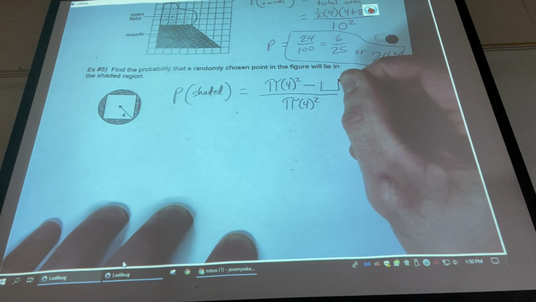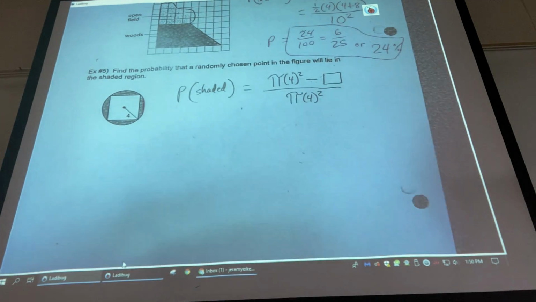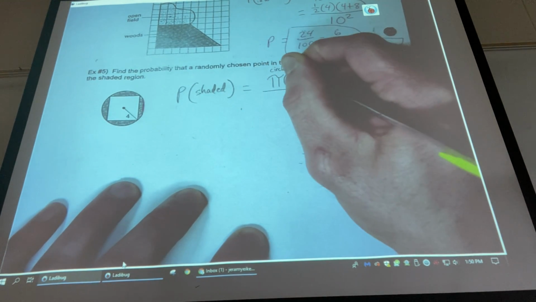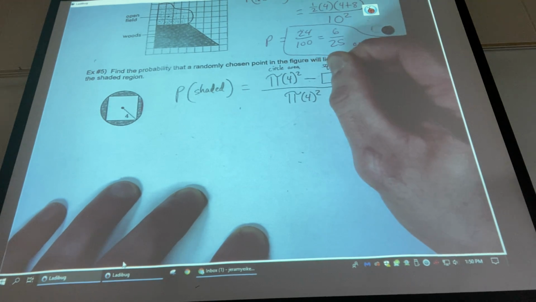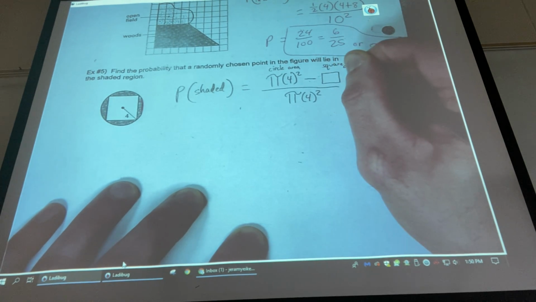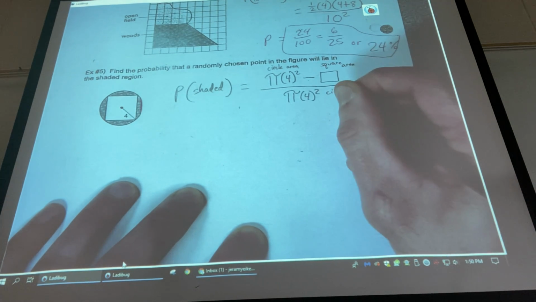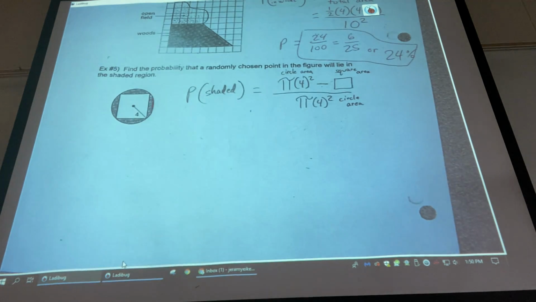And I said we were doing a game plan, but then I start writing numbers. Okay, so basically we're gonna do circle area minus square area, divided by circle area, because isn't the circle the whole thing? That's our game plan.